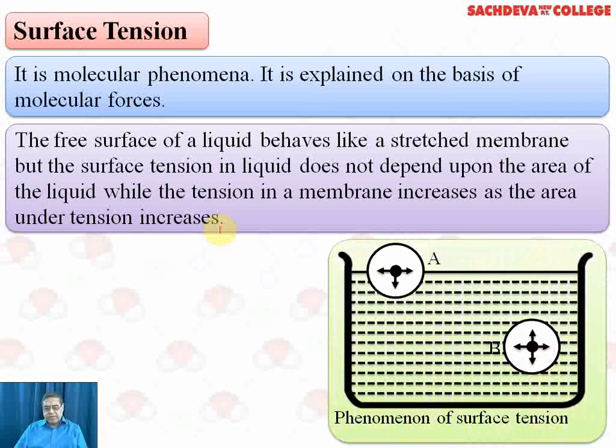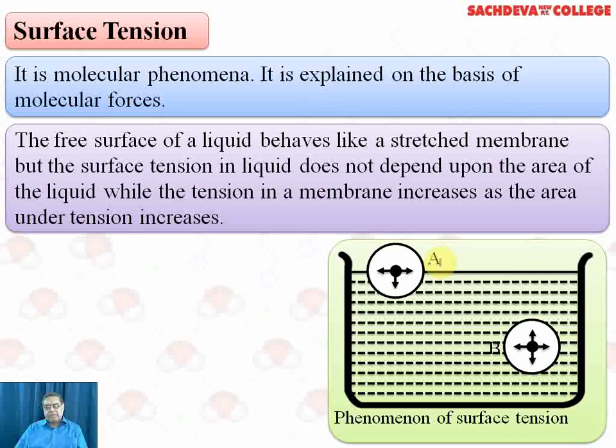Now, in the figure, the phenomenon of surface tension is indicated. Molecule B is well within the liquid, that is in water, and the other molecule A is partially immersed in water. So what we are finding is that molecule B is facing tension from all sides. That is, it is obeying Pascal's law.